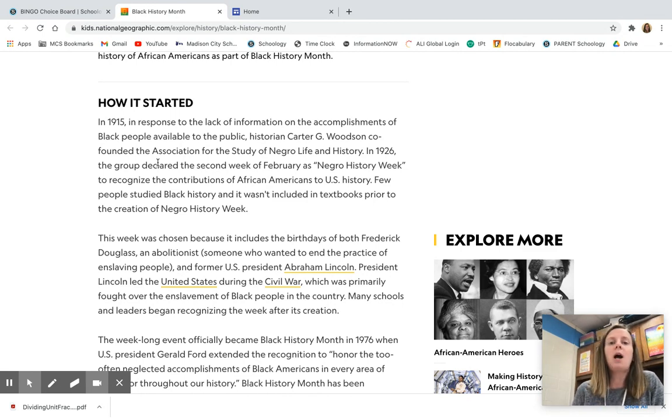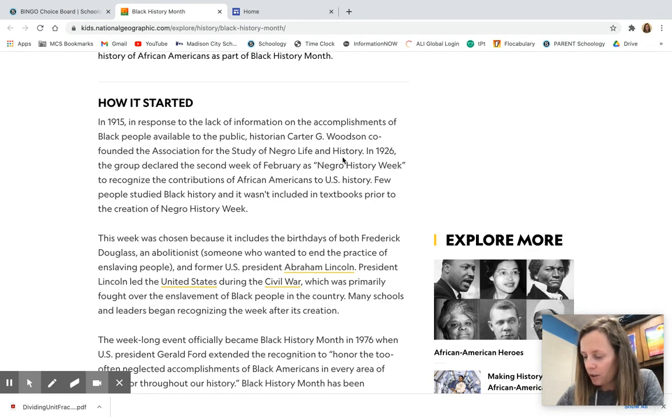Those are okay to copy word for word. You're not copying somebody else's idea by correctly naming the person that the article is about. You're not copying somebody's idea or somebody's work by carefully copying down the Association for the Study of Negro Life and History. So those are things that are appropriate to carefully copy down.